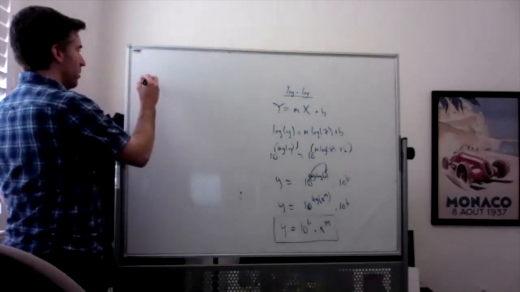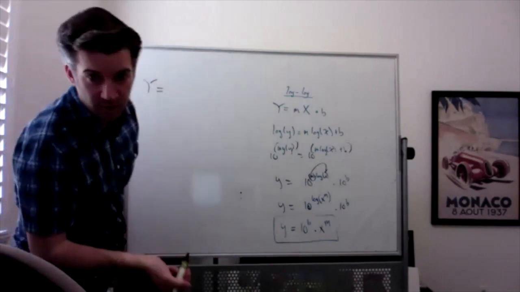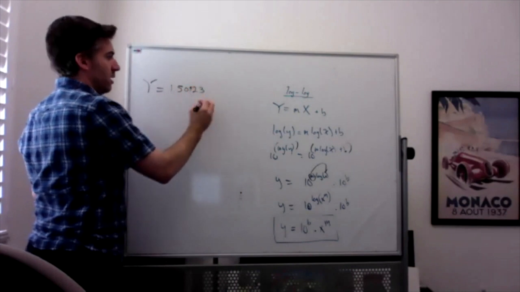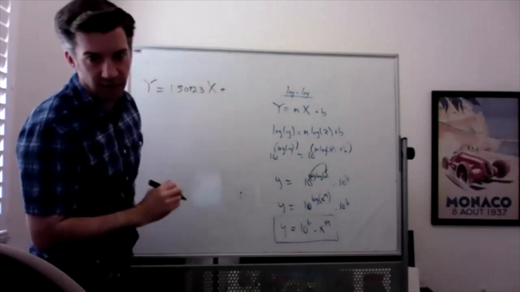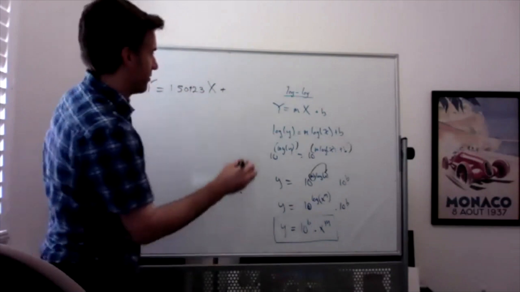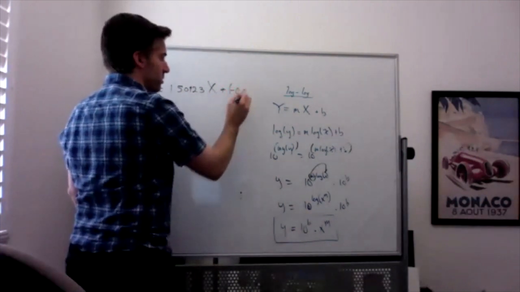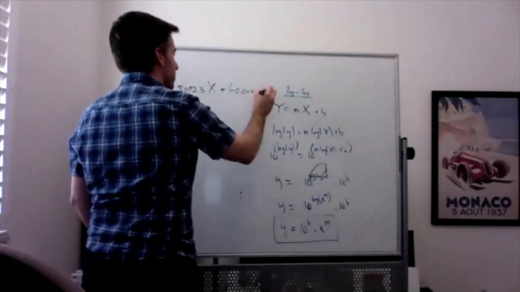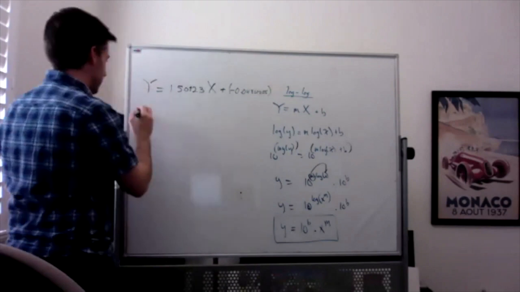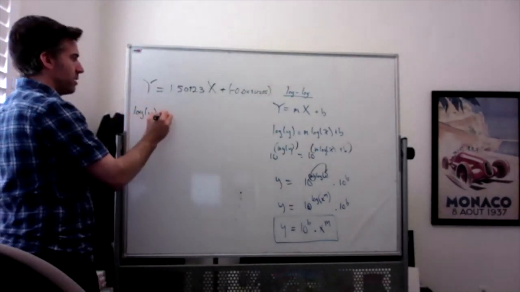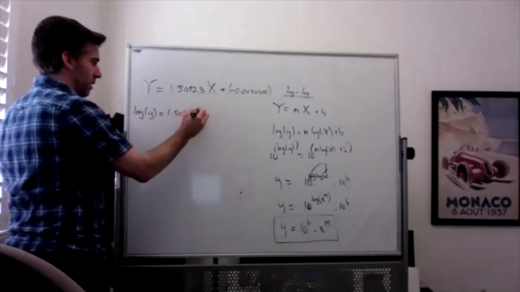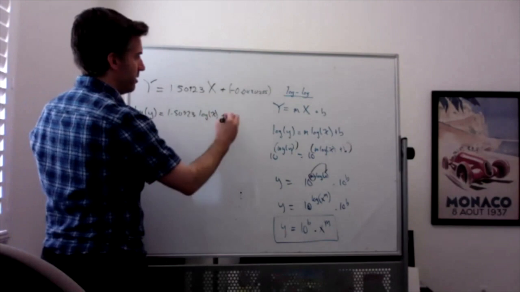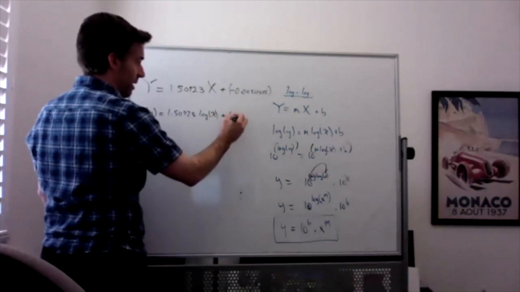So I know I've got y equal to m, which I just said was 1.50923, x plus my b value, which is negative 0.484255. And then you would just do the usual stuff. So you'd write log of y equals this times log of x plus that, which is still the same number. I guess I could write minus.